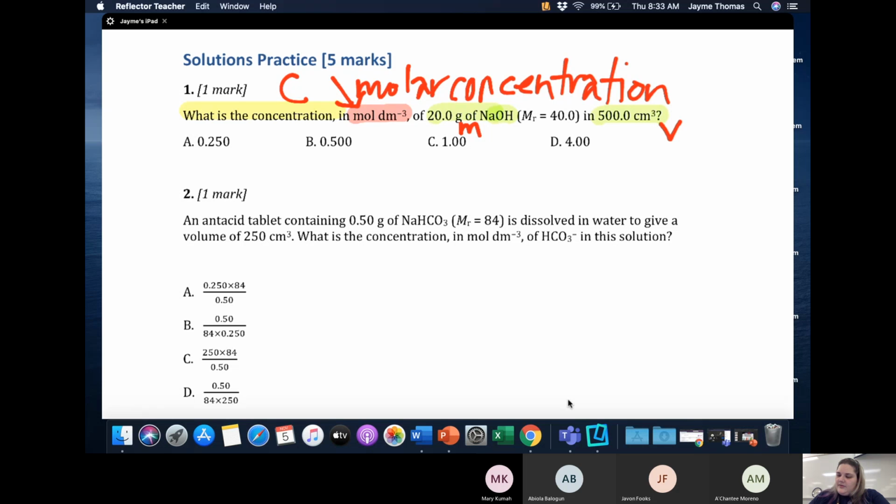This other number they give me in the parentheses, if you remember all the way back to the beginning of Unit 1, anytime I see this capital M with the subscript r, that is the relative molecular mass or relative molar mass. The r just means relative, but remember capital M is always molar mass. So they've given us the molar mass that we need.